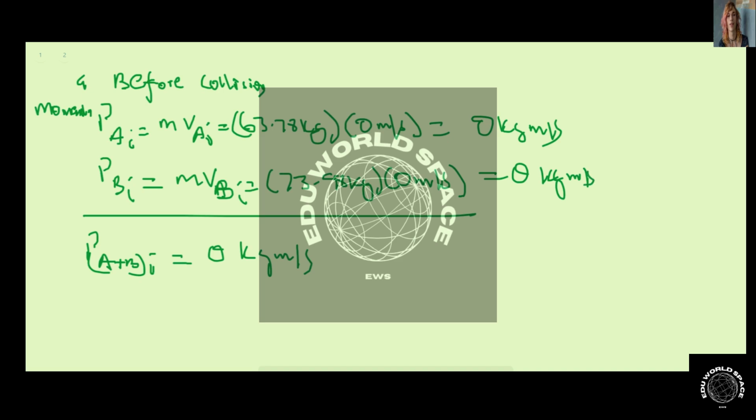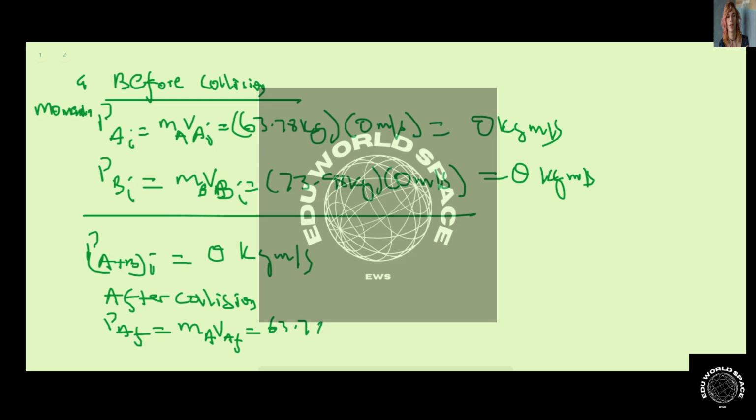Remember, our target is the final velocity of A after they collide. So after collision, the final momentum of A happens to be the mass of A, I forgot this subscript, this is A and this is B, times the final velocity of A. That's going to give us 63.78 kilograms times, we don't know what the final velocity of A is, so we're just going to put the variable there.